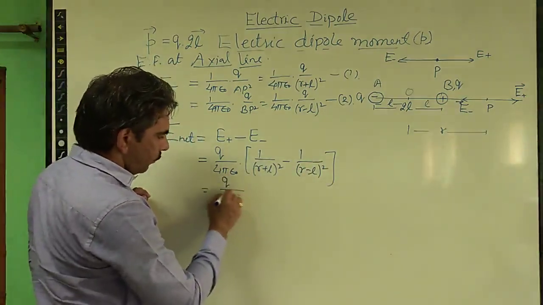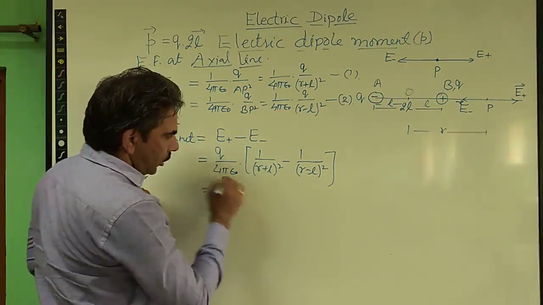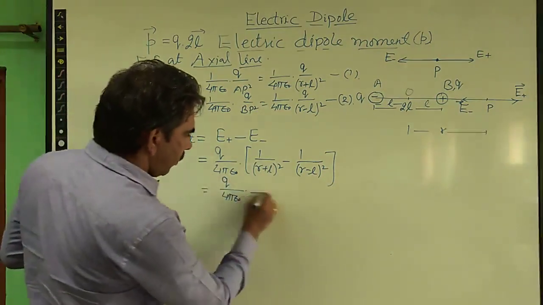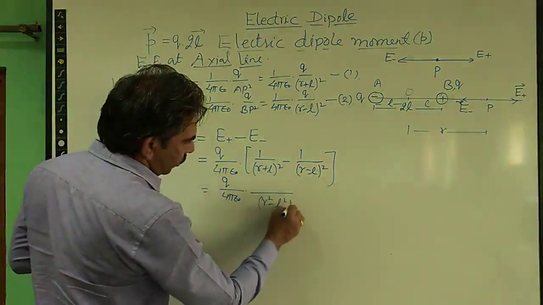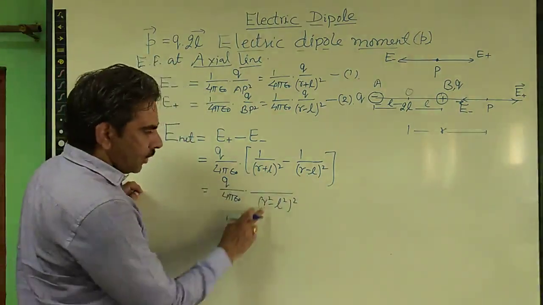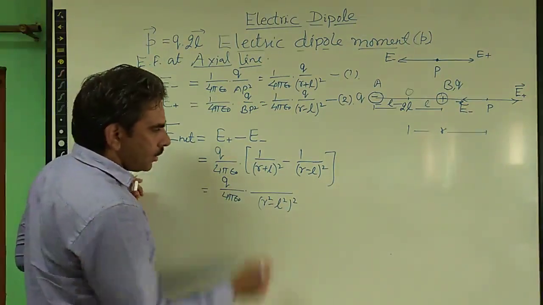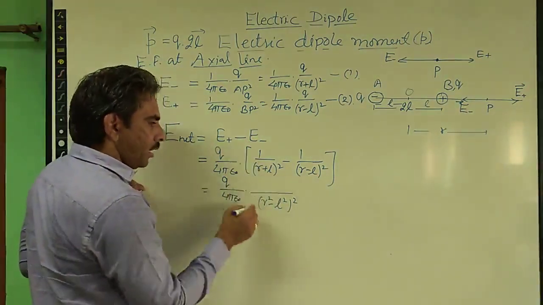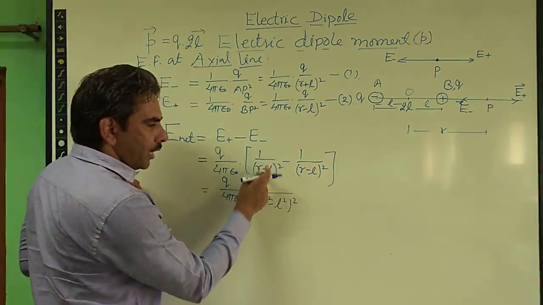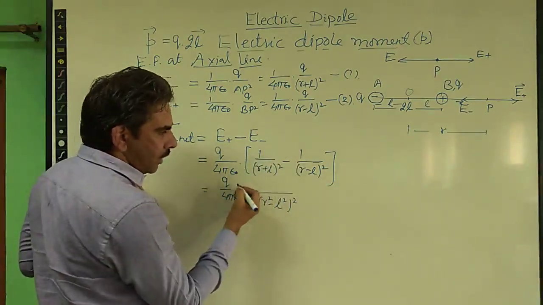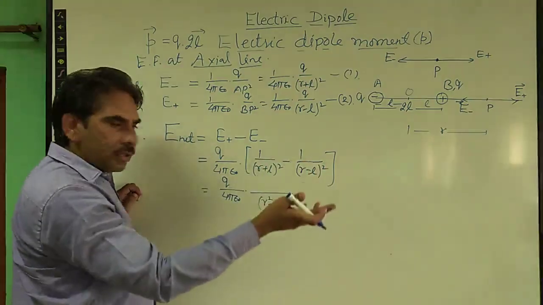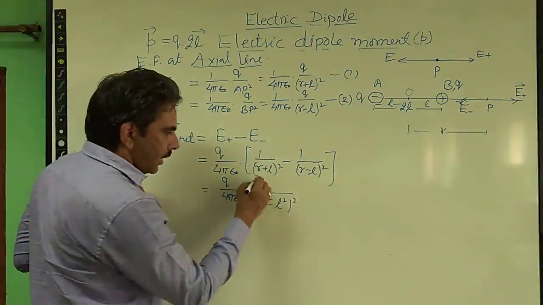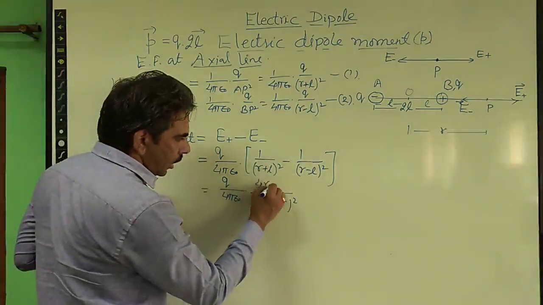So it is Q upon 4 pi epsilon naught into, in the denominator we have (R square minus L square) to the whole square. This will remain the denominator, just a mathematical term, and in the numerator this term will go here and this term will go here. So we will be left with, after we open the brackets and cancel the terms, 4RL.